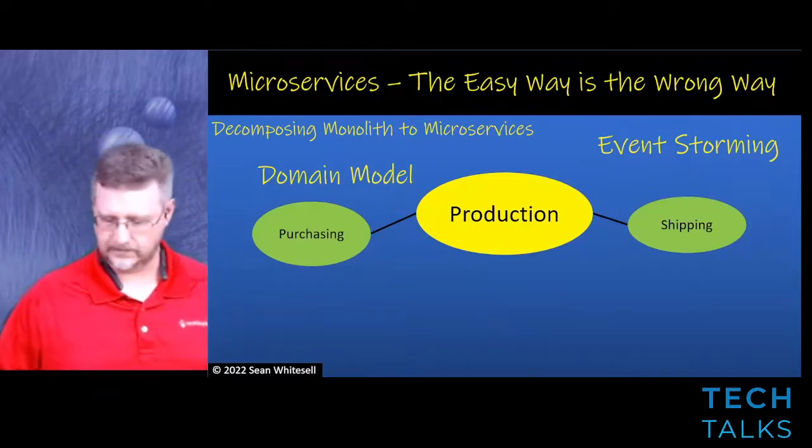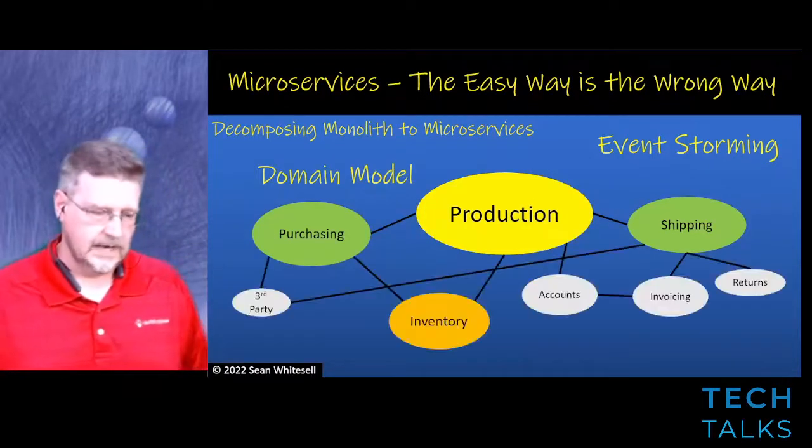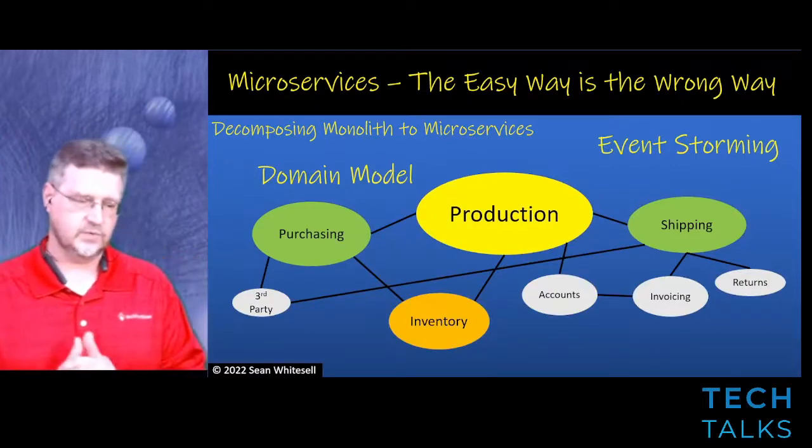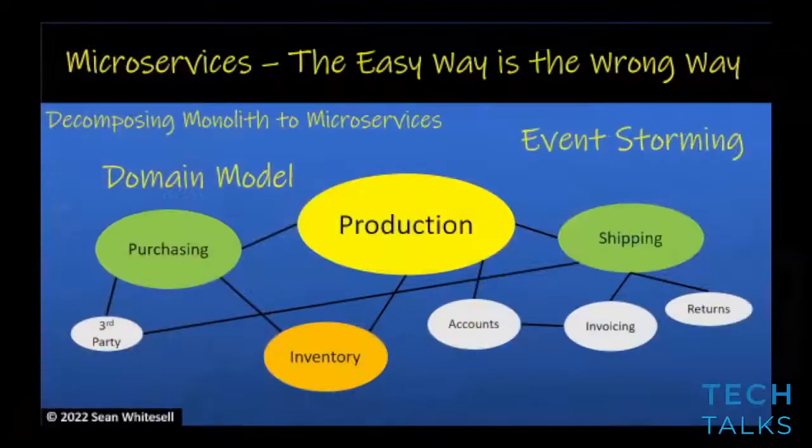Be very careful with that. There are also domains that go with this, such as accounts, invoicing, and returns. Notice that I call them generic domains because the focus is on production.